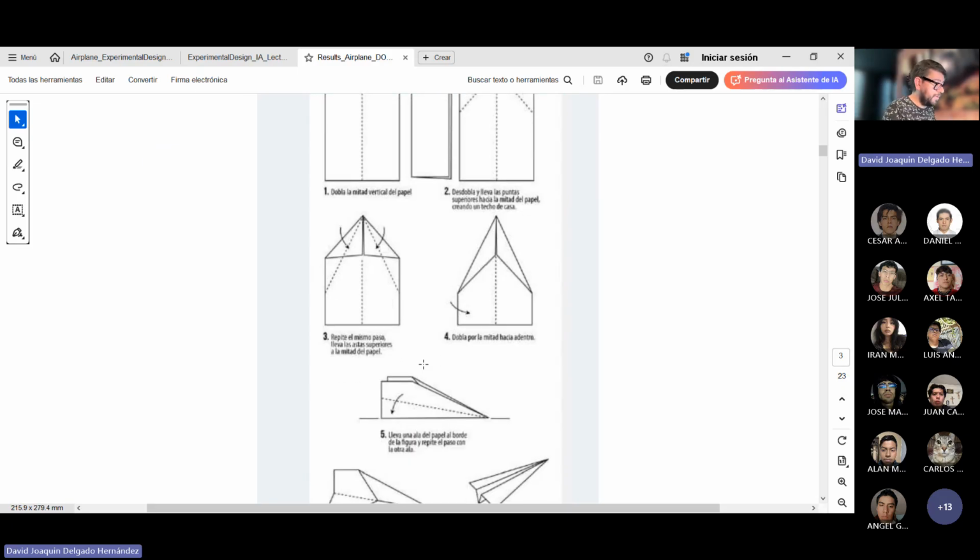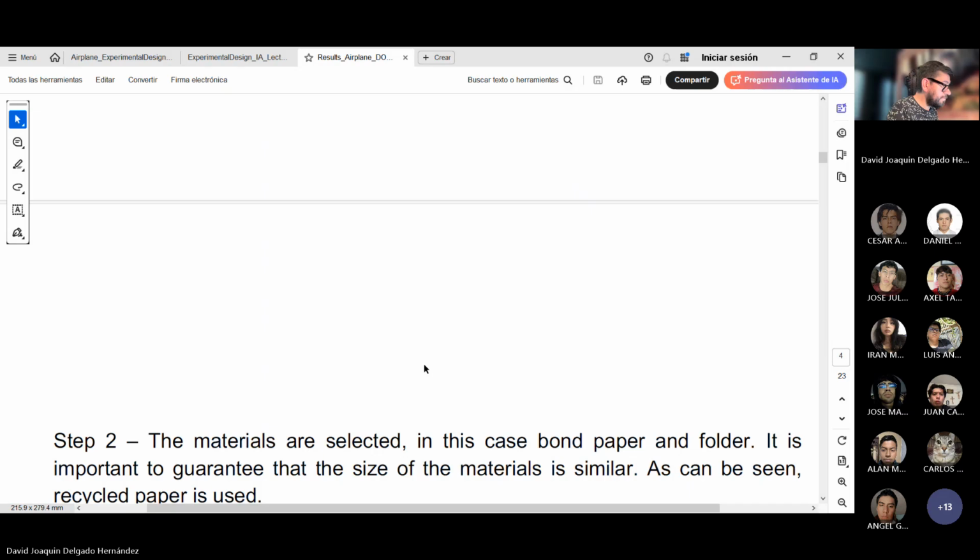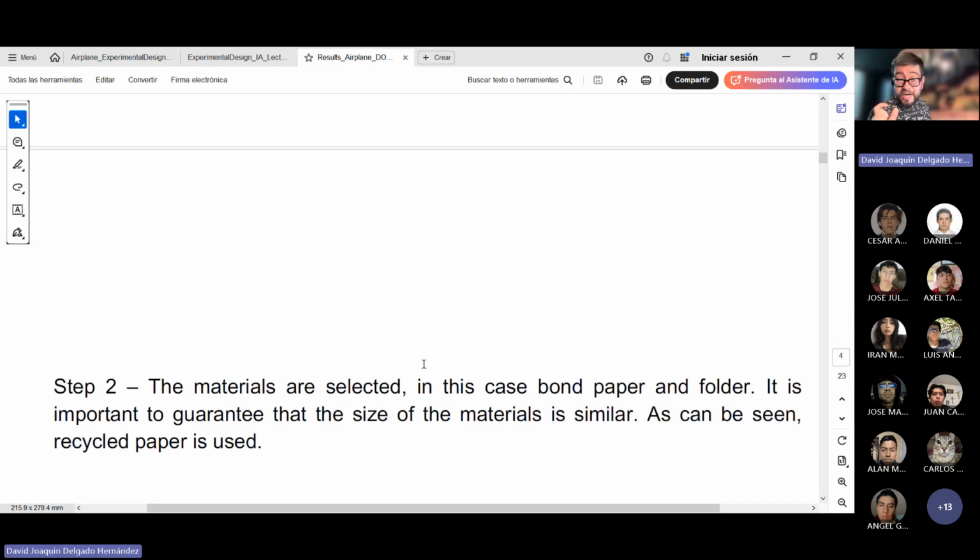Okay, so the following step was that the materials are selected. In this case, I had 2 materials, bond paper and folder. So it is important to guarantee that the size of the materials is similar, as can be seen.